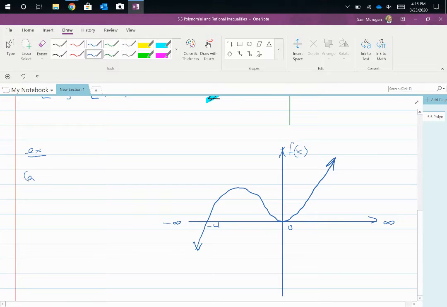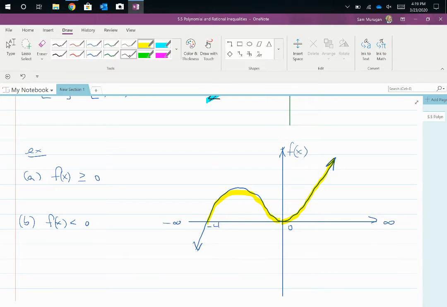The first question is asking about f of x greater than or equal to 0, and the second one is asking about f of x less than 0. So for greater than or equal to 0, we're considering the two portions above the x-axis, but it's one continuous graph since the 0 is included because of the inequality symbol. So we're going from -4 all the way to infinity.